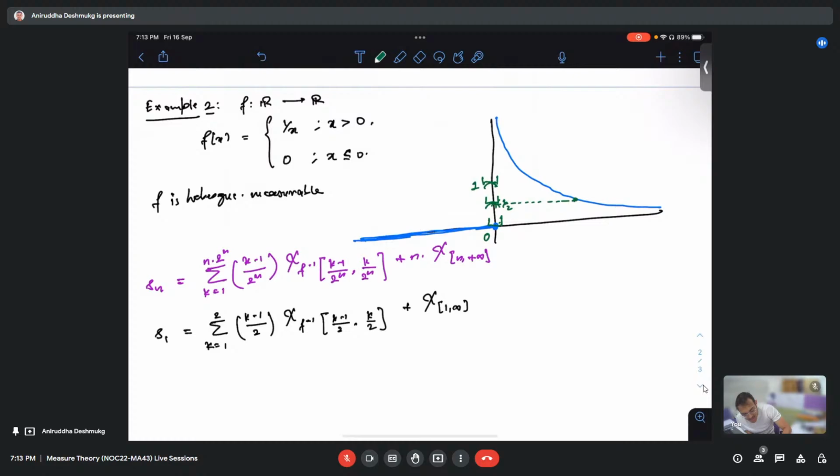So if we notice that the y coordinate is half, what should be the x coordinate? It should be 2, because the function is 1 by x here. So on this 0 to 2, what we are going to do is fix the lowest value, that is 0.